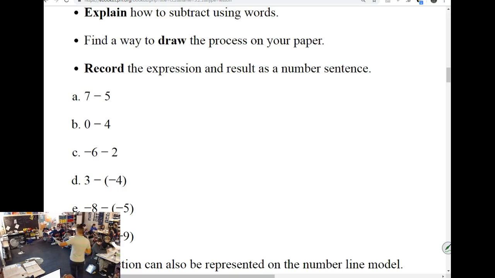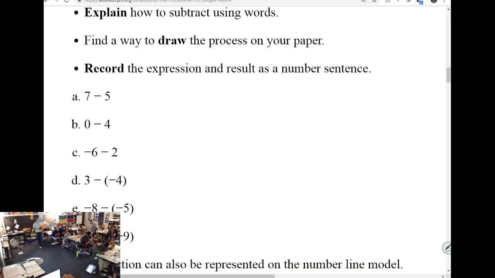Where are we at? C, D, E? Okay. I'll give you another one minute or two. Why don't you have the originals? Nope, write out the originals.